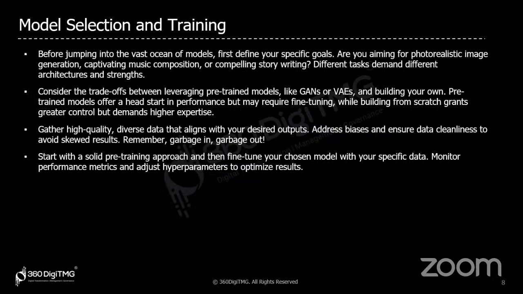Apart from that, once we know the kind of models we're going to use, and we have gathered good quality data and we're happy with it, we're going to start with a pre-training approach. And once that is done, we will start fine-tuning whichever model is giving us better results.